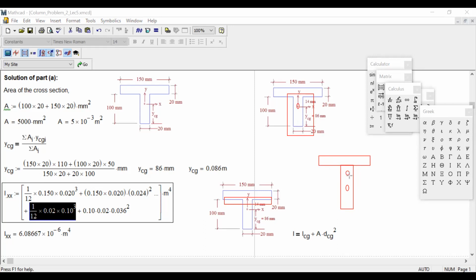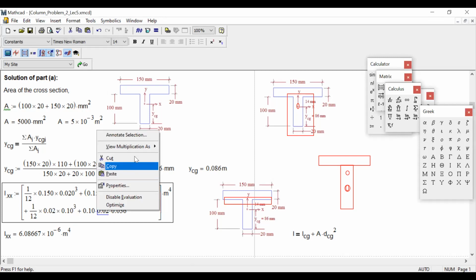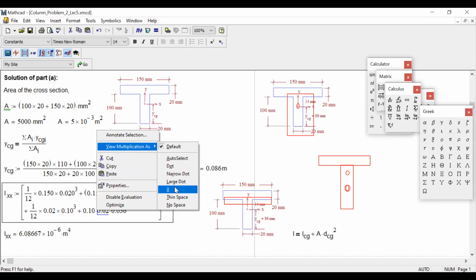Okay. So we need to figure out with respect to this point, but by 1 by 12 we are getting with respect to this point. How can we make the correction? A plus d square. So right over here, what will be the area? Area is this one.